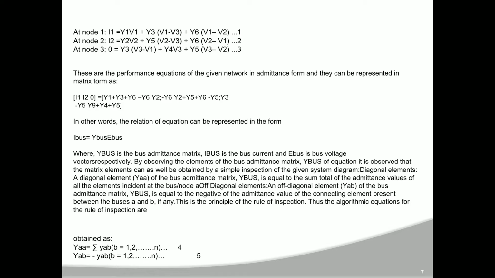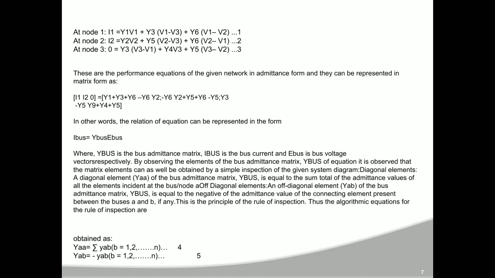In other words, the relation can be represented in the form I bus equals Y bus E bus, where Y bus is the bus admittance matrix, I bus is the bus current vector, and E bus is the bus voltage vector respectively. By observing the elements of the bus admittance matrix Y bus, it is observed that the matrix elements can be obtained by simple inspection of a given system diagram.